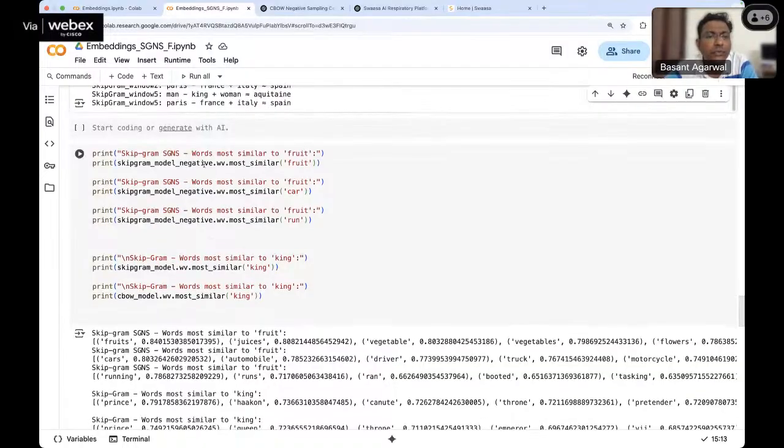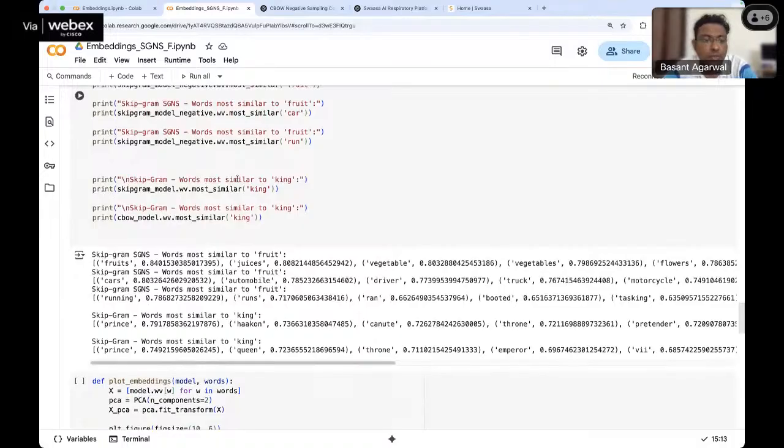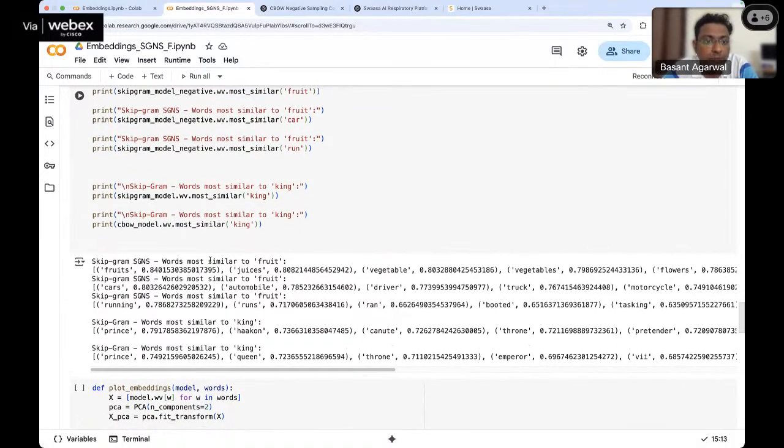Now I just ran different words randomly on a model to find the similar words. I gave words like fruit, and it gives the most similar words as fruits, juices, vegetables, flowers, and so on. For the word car, it gives car, automobile, driver, truck, which is quite good.